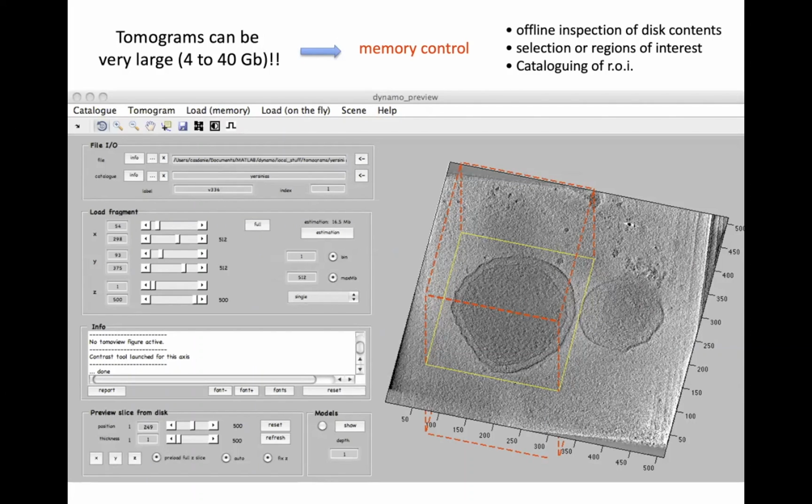They can go to, I've written here 40 gigas, but sometimes they can even be larger than that. This amount of memory will crowd a lot of workstations. Modern workstations can take this, but still it will take a lot of time just to load it, so being able to do a hot transfer of just a region of the tomogram, the part of interest, into memory is already something valuable.